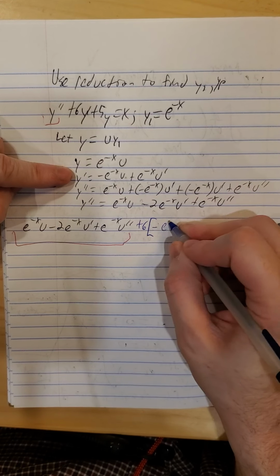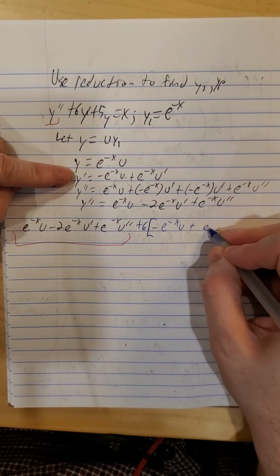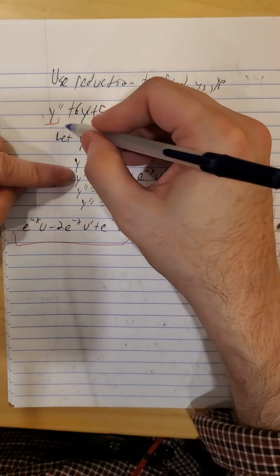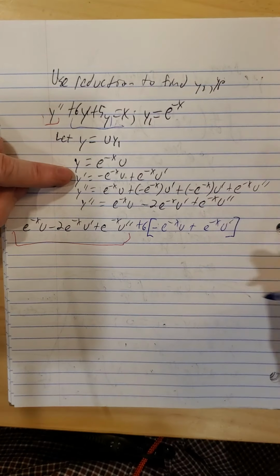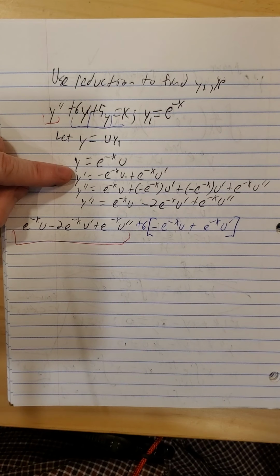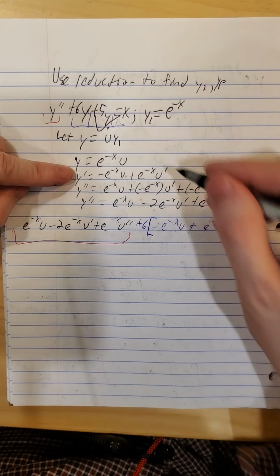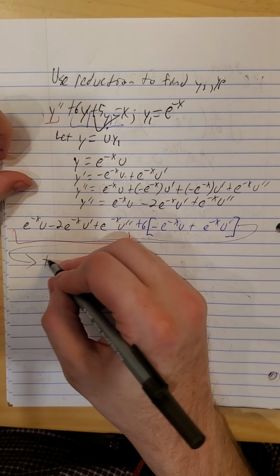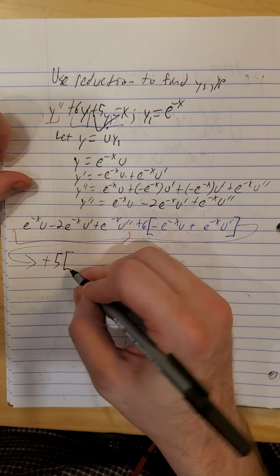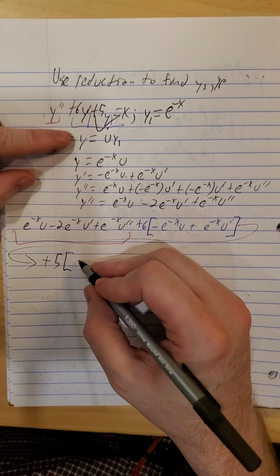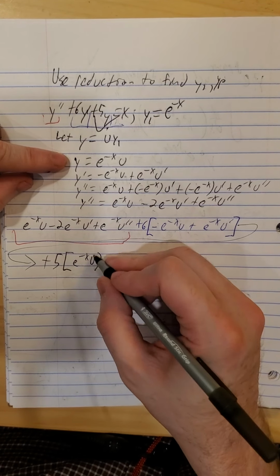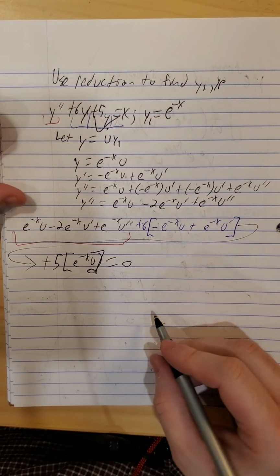So minus e to the minus x u plus e to the minus x u prime. So next up we'll have our plus 5y. Again, use a little imagination, pretend I had enough room. So 5 times e to the minus x u is equal to 0.